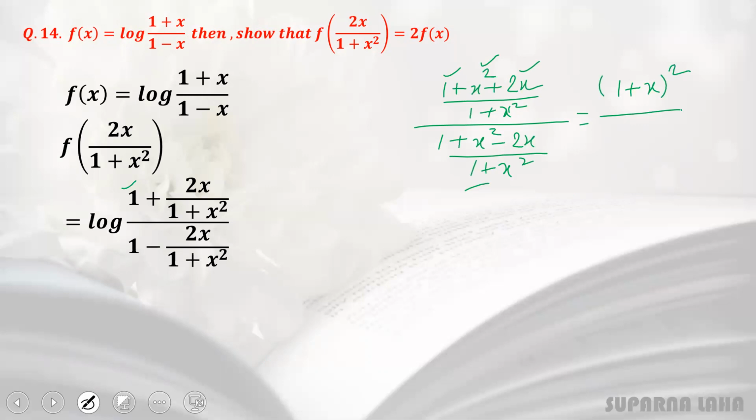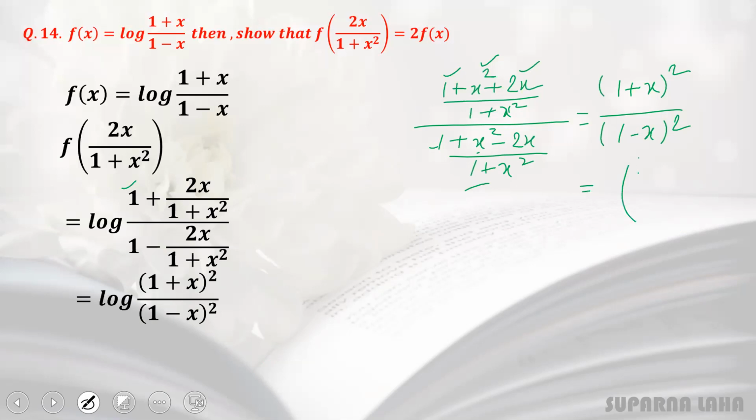And the denominator is a square plus b square minus 2ab, so this is a minus b the whole square. So I can write this as log of 1 plus x the whole square by 1 minus x the whole square. Now I can write this as log of 1 plus x by 1 minus x, the whole square.